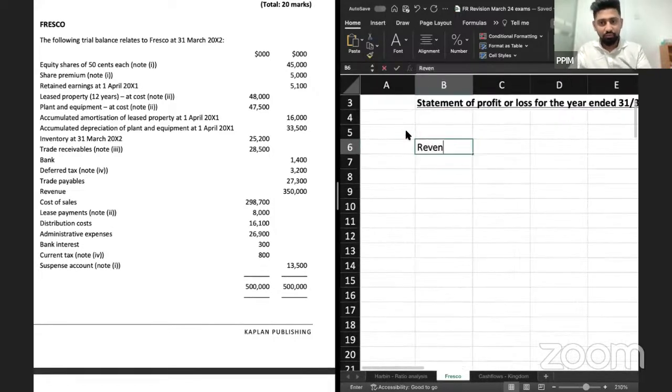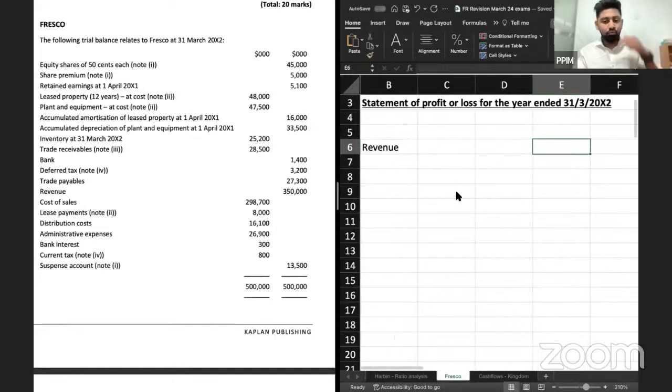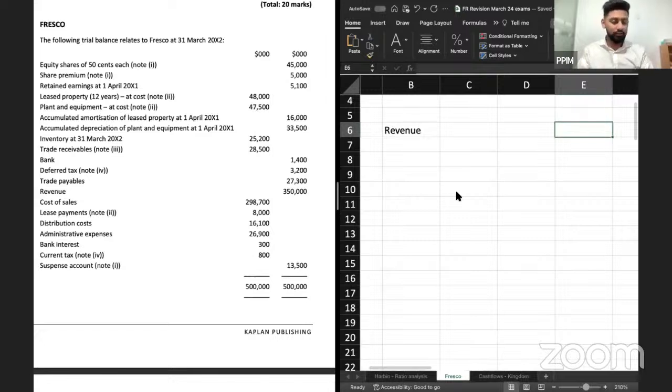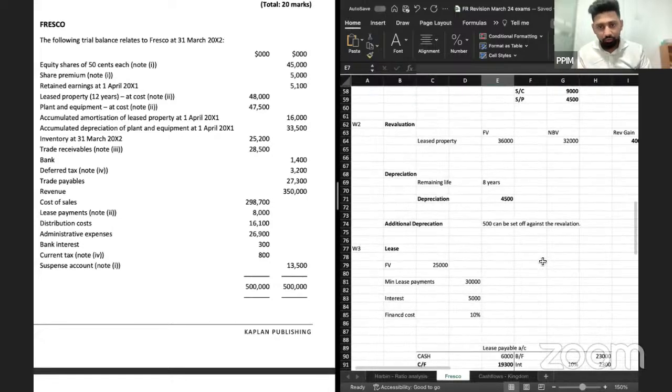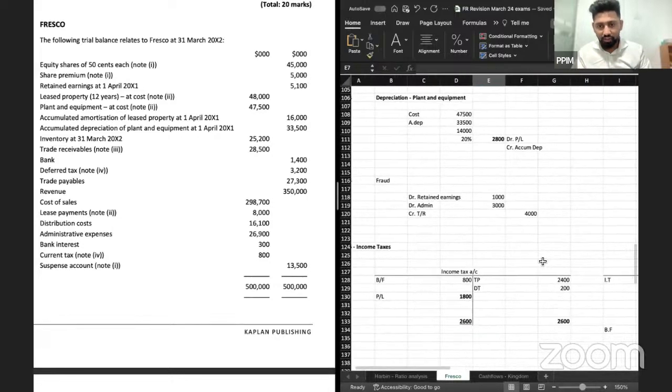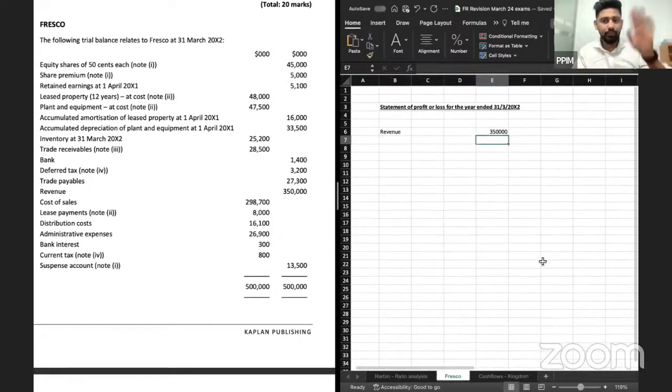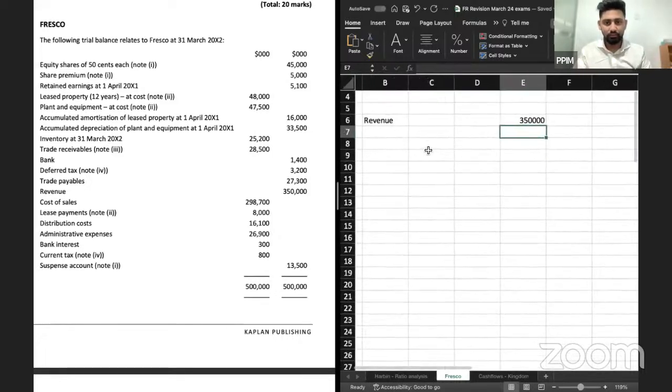Always remember, I take my revenue and look for any adjustments that I did through my workings. My revenue is standing at 350,000. Did I make any adjustments? I come down. Revenue? No adjustments. So I can go right to the top, keep revenue as it is.